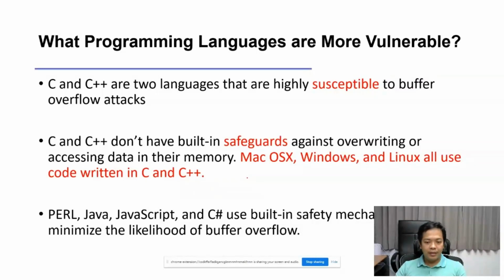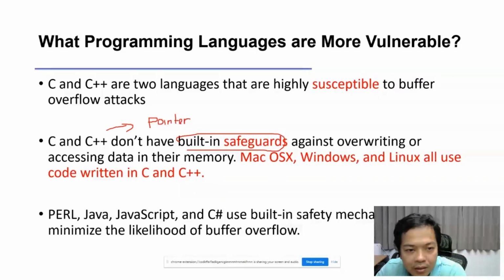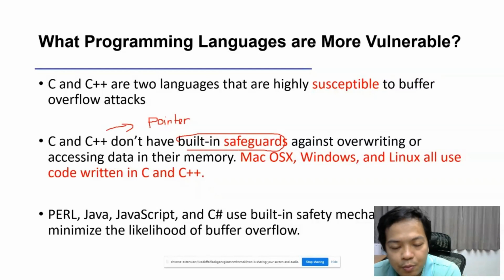Why? Because C and C++ don't have built-in safety, since they support pointers. A pointer is a very strong mechanism that supports you in allocating memory and building lists or vector data types.